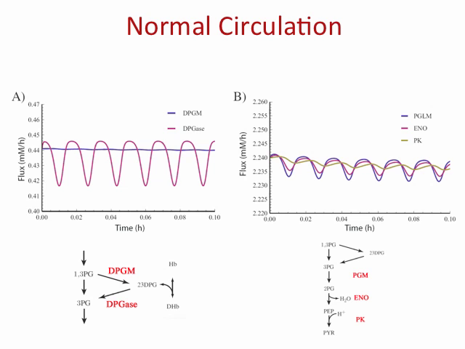And pyruvate kinase is a slower reaction, and you can see that the rapidly equilibrating reactions of PGM and enolase kind of track the oscillations in the DPGase flux that goes into that 3PG node, and then that oscillation is very much dampened in the pyruvate kinase reaction.